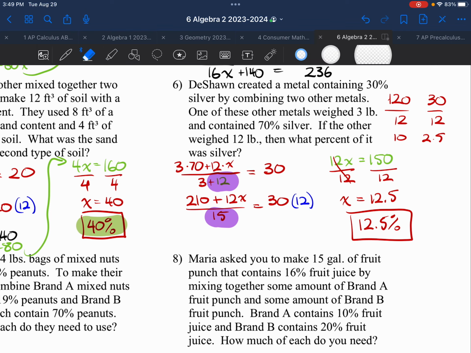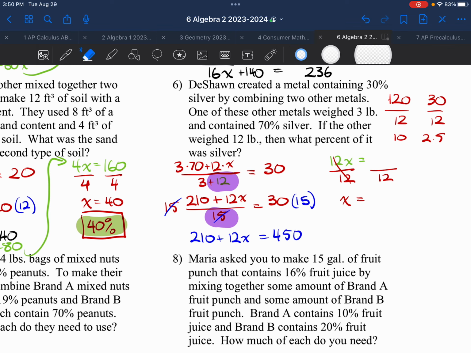All right, let's try this again. I'm going to multiply by 15. When I multiply by 15, the denominators are gone, leaving me with 210 plus 12x, like I had before, and that's going to be equal to, it is not a 12 anymore, it is a 15 over here. 15 times 3 is 45, so it's 45 with a 0. Let's come up here and get rid of these.